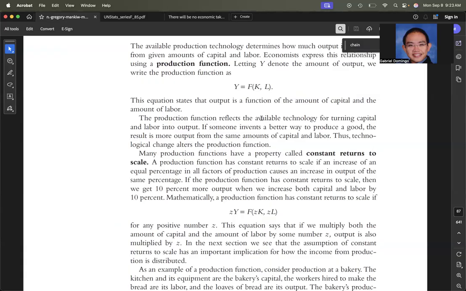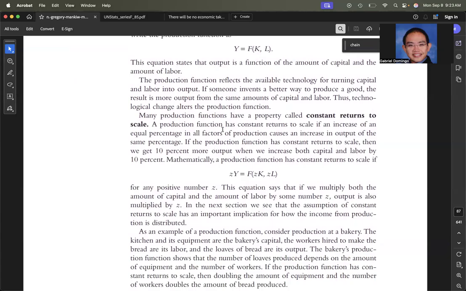So changes in the ability to produce output from a given set of inputs will tend to increase Y for a given K and L. Many production functions, including the ones we will study in this class, have what's called constant returns to scale.